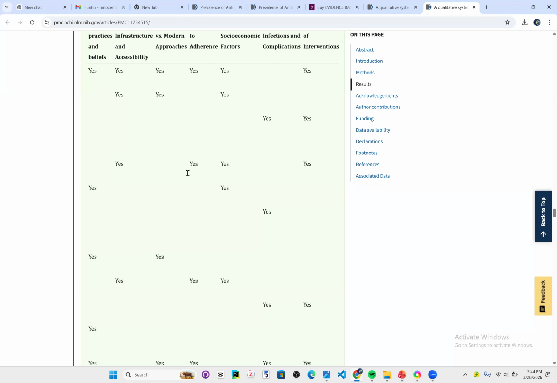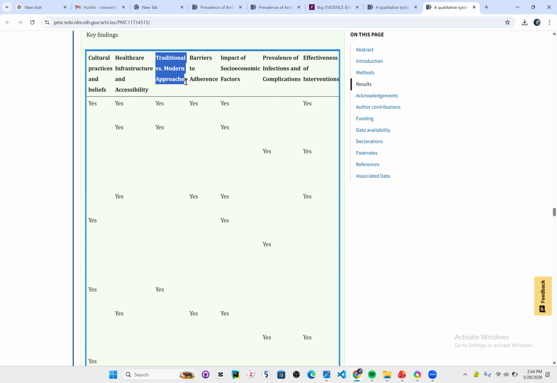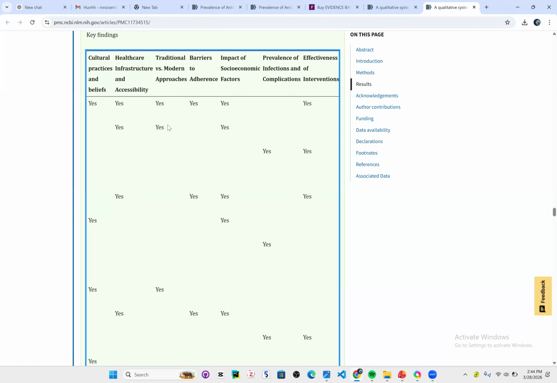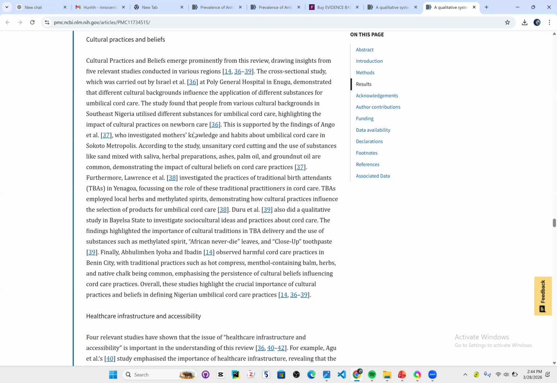Now, one of the things that might make your study show some limitations is that if you are comparing traditional versus modern approaches as one of the outcomes of interest, because basically all of these things here, I'm addressing them as outcomes, maybe you might have just 2 evidence, then that means it is weak to make substantial generalization, because basically the idea of a systematic review is that we have studies that we want to use in making generalization for all.